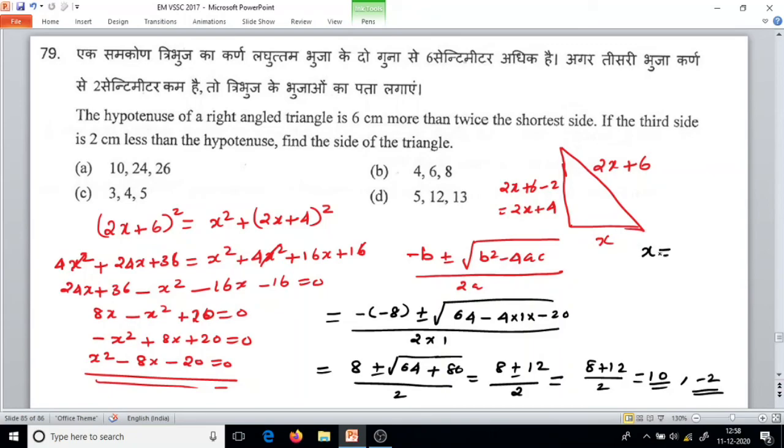So x equals 10. Then 2x plus 6 is 20 plus 6, that is 26, and 2x plus 4 is 24. So the answer is option A, 10, 24, 26.